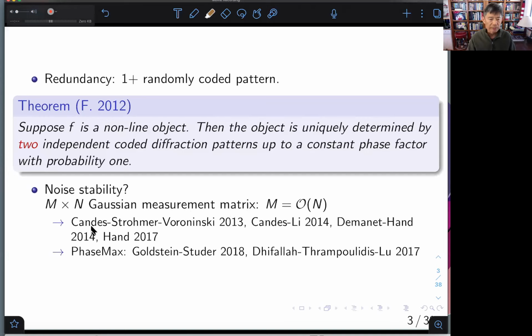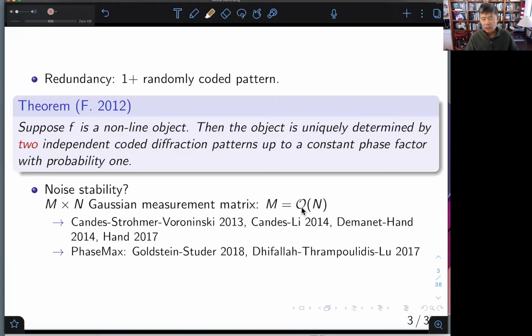So the best result so far is about the number of measurements. Here we're not talking about diffraction patterns anymore, because this is not coming from propagation. This is just looking at an m by n matrix. The best result is that m is order n.